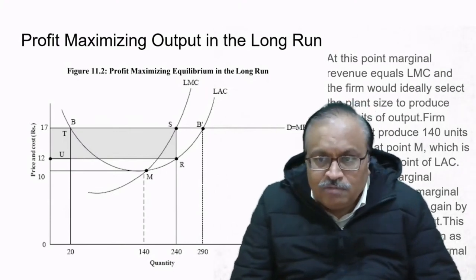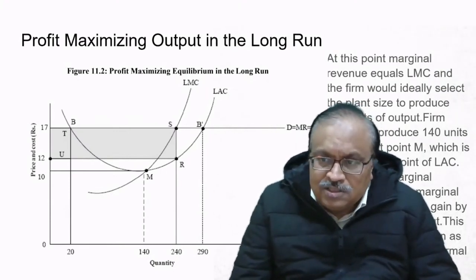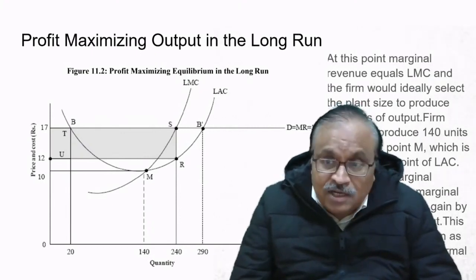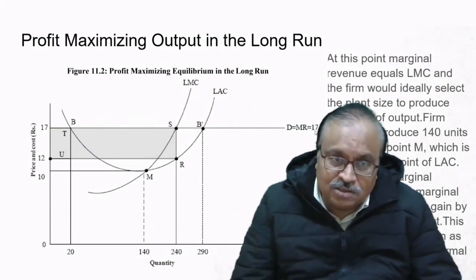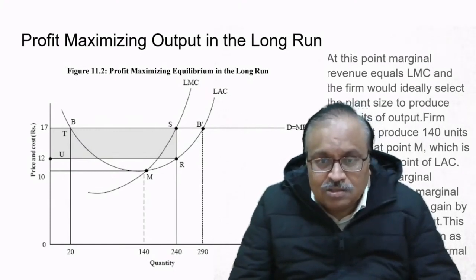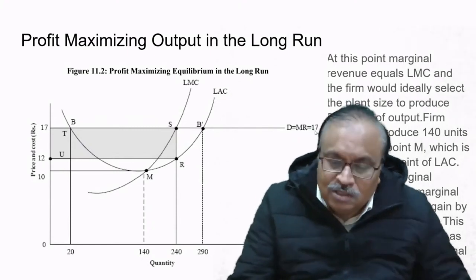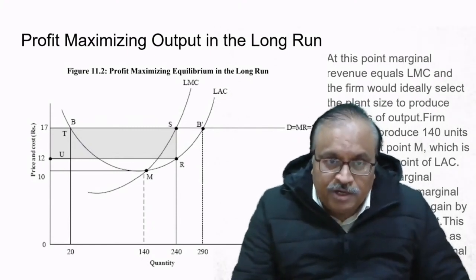Firm would not produce 140 units of output at F, which is the point of LAC. At this point, marginal revenue exceeds marginal cost. So our optimum results will only come when we move on to quantity 240.